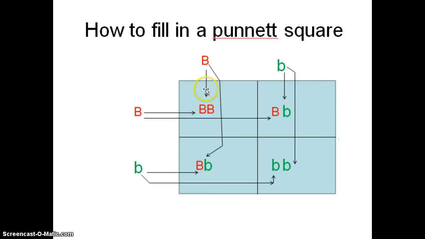Each letter would go down, so this big capital B goes down, and then it goes down to the bottom. One letter goes over here, and the other letter goes across. Then you do the same with the other letters. The little b comes down, and the little b comes down. This one goes across, and then it comes over. So in this example, we cross a heterozygous with a heterozygous.